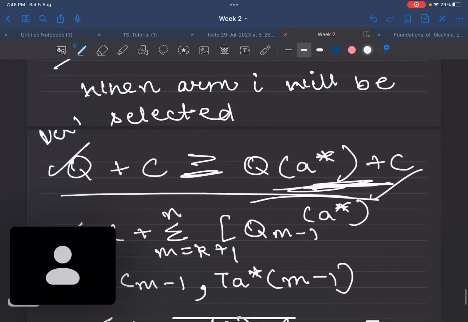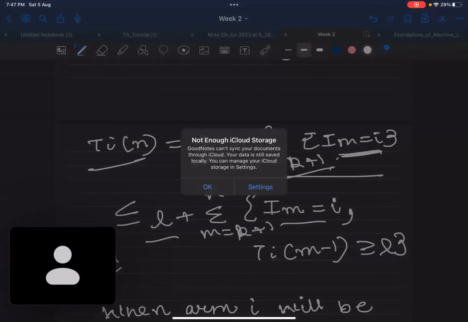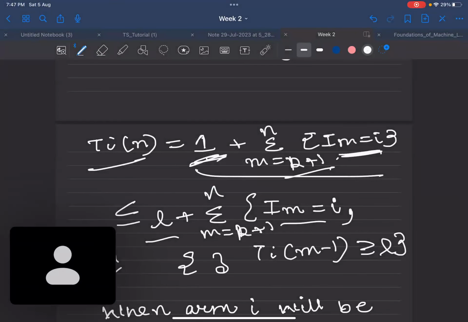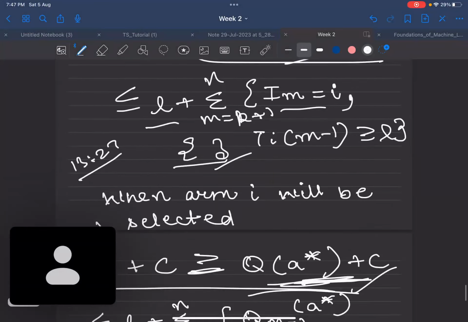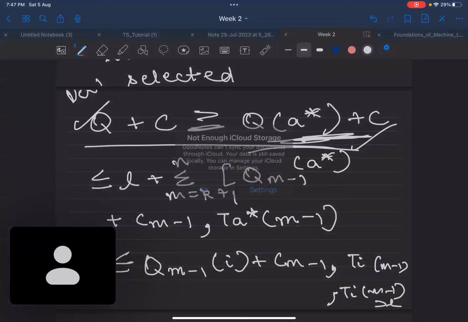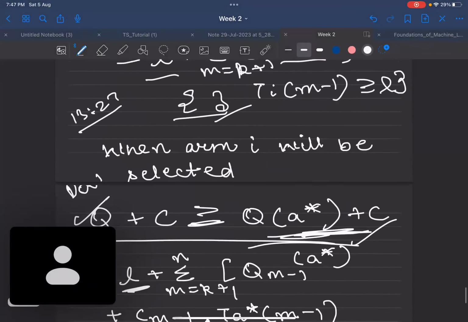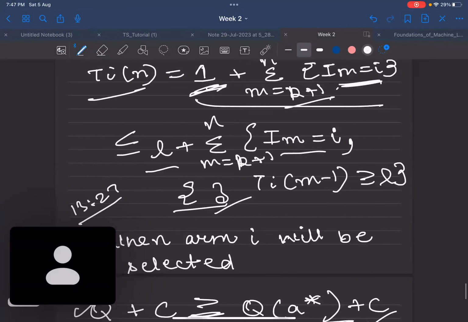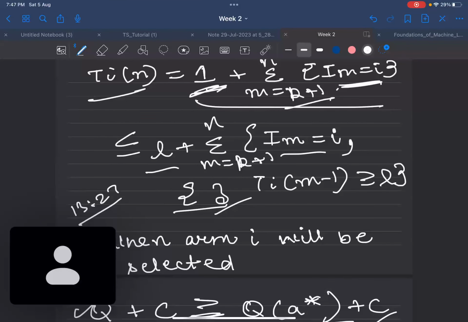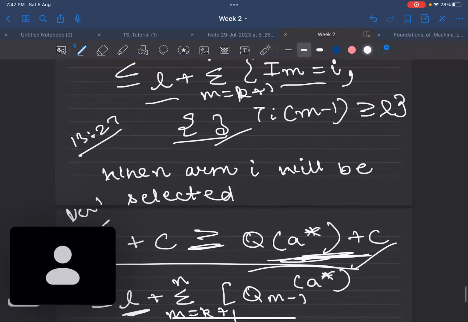Now what we have done, we were here, we were counting. This bracket basically gives one, and then we are counting. This is the count here. Now what we are saying is, if it is true, then L plus the summation of the indicator where I_m is equal to I, which means how many times I pull that arm, that is what we are counting.